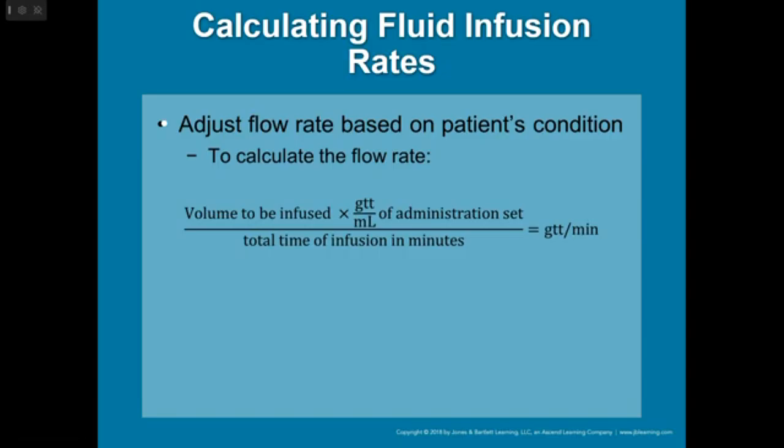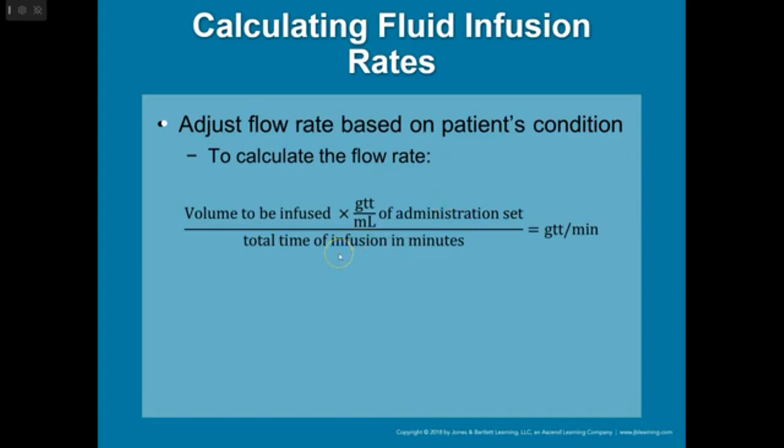For an example on this one, this is going to be calculating or giving fluid boluses. So volume to be infused, say we start with a 1 liter bag or 1,000 milliliters. Our drop set is a 10 drop set, so we get 10 drops per milliliter. That would be our number that we're going to plug in right here. We've got 1,000 milliliters times 10 gtt/mL.